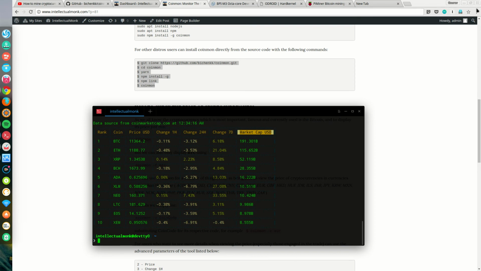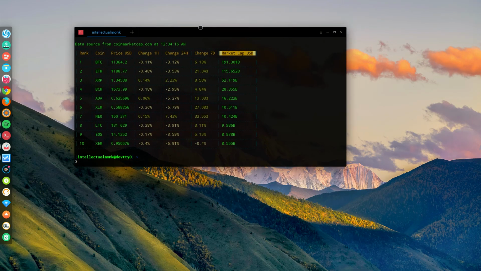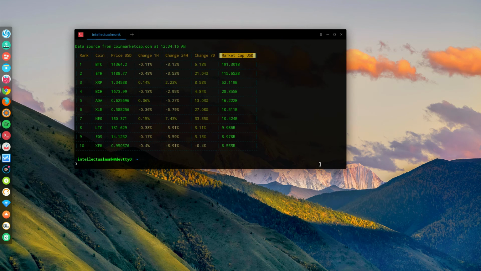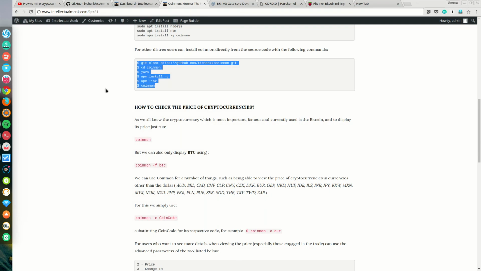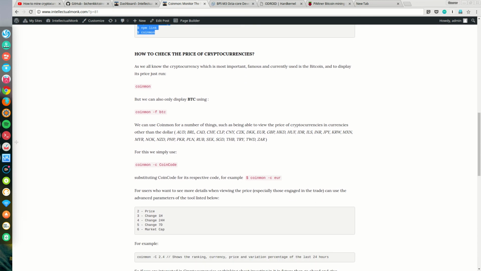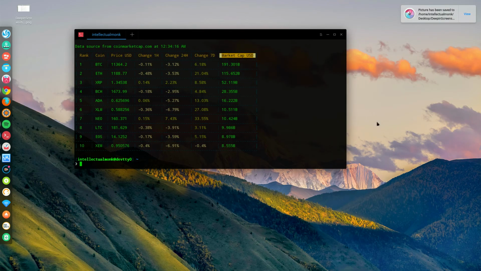So let's see, what if you guys want to check the rate of any one particular currency.